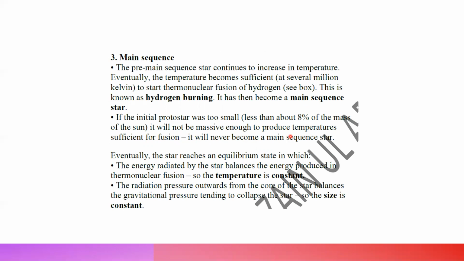When hydrogen fusion starts, it releases energy, and the radiation pressure balances with the gravitational pressure. That is why the size of the star is not changing. The radiation pressure outward from the core balances the pressure that tends to collapse the star, so the size is constant here.